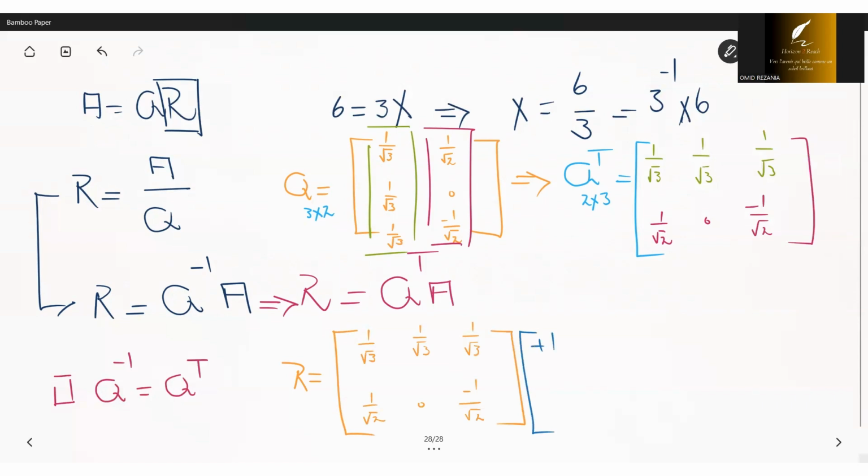Plus 1, plus 1, plus 1, minus plus 1, 0, minus 1.